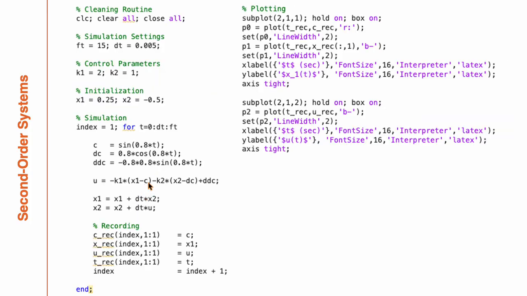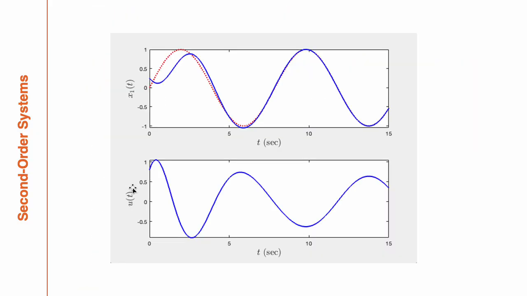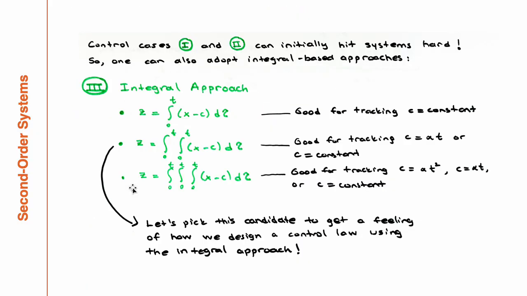I will directly use the command here. Let's say command is 5. Initially, you are at 0. So this becomes -5 multiplied by K1. If this K1 is large, you are hitting the system initially hard, which may violate your actuator amplitude constraints, which is a whole different video by itself.